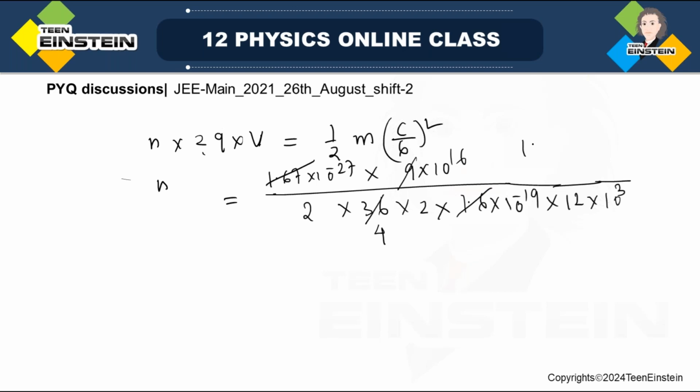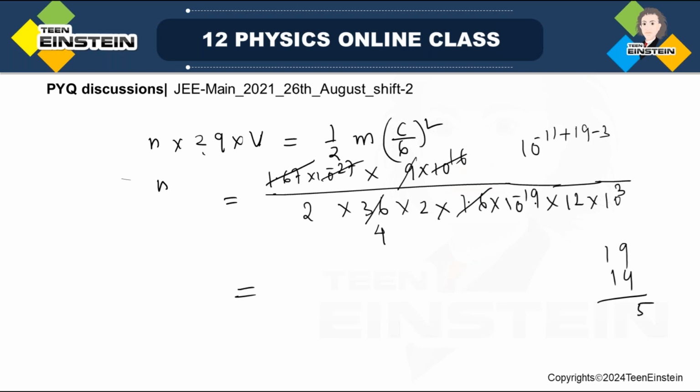You will have here 10 to the power minus 27, plus 10 to the power 19, and from here minus 11, minus 3. I hope this is fine. So I have 19 minus 14, so this is 5, right? 10 to the power 5.